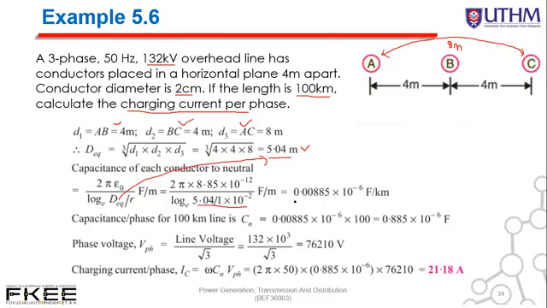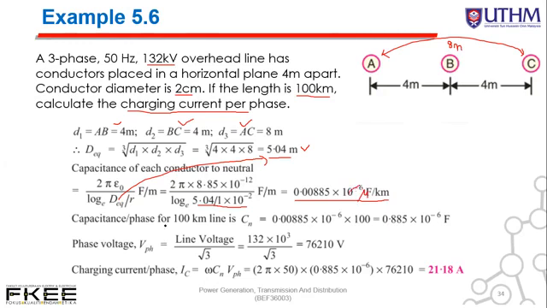So the capacitance per phase, or capacitance of each conductor to neutral, is 0.00885 times 10 to the power of minus 6 farad per kilometer. Basically we can change this to microfarad.